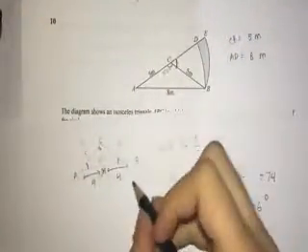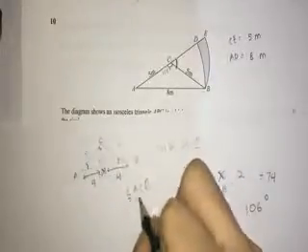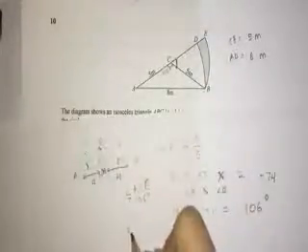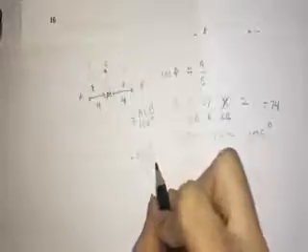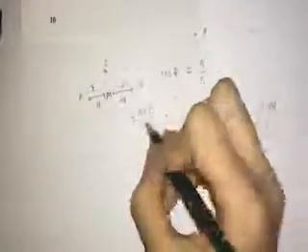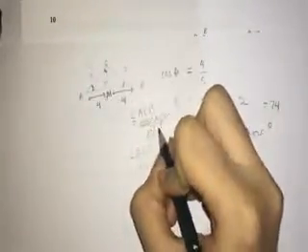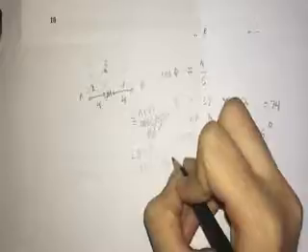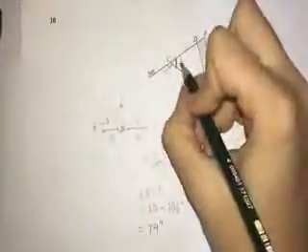This is angle ACB, equal to 106 degrees, but we're finding angle BCE, which is going to be 180 minus, sorry, this is 106. And this is 74, so this is 74.